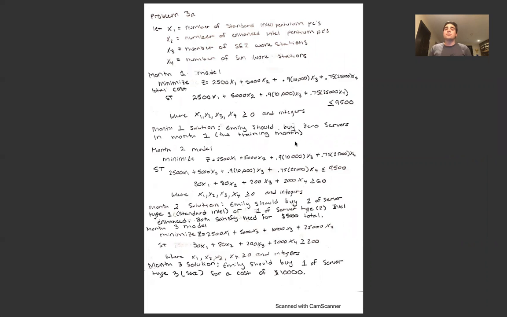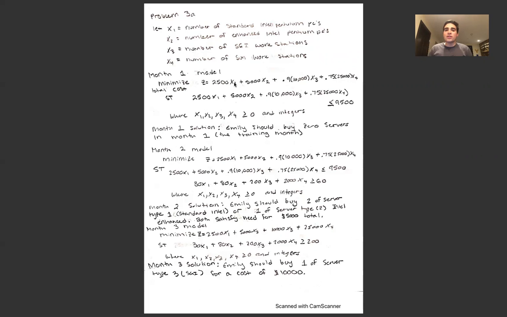For the first month model, this is the education month. There is no requirement to bring anyone on, but we do have a requirement of spending, so we have a pretty simple problem. We have the minimization, because we're trying to minimize the cost that the company incurs through this intranet installation.